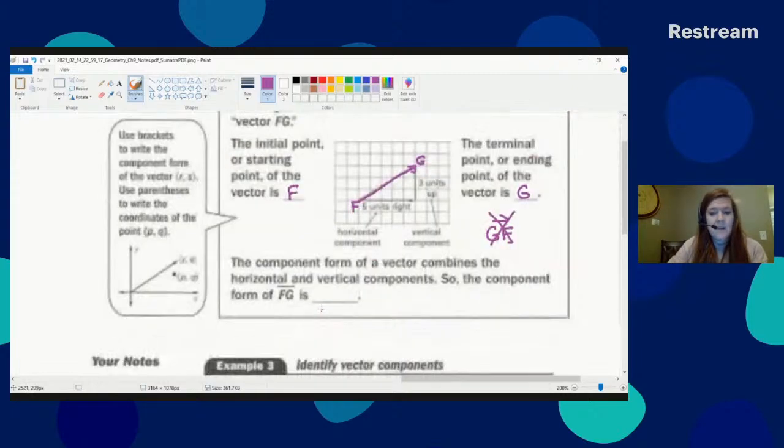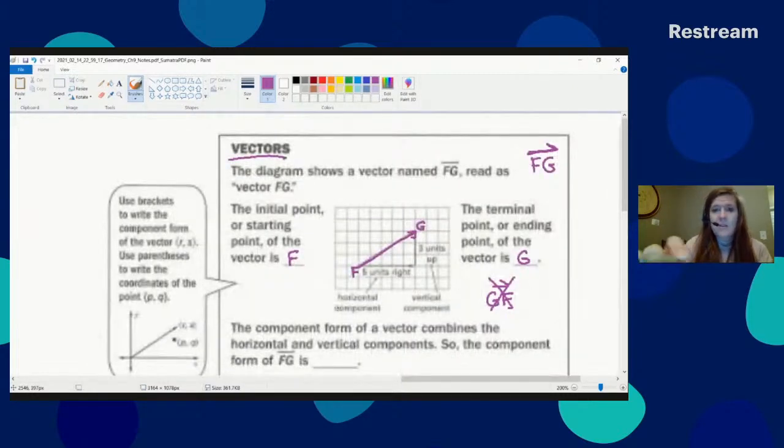Another way that we can name a vector is we can talk about the components of a vector. The components of a vector mean the x's and the y's that make up this vector. So if I look at FG, to get from F to G, I'm moving 5 units to the right. See that? I'm going 1, 2, 3, 4, 5, and I'm going 3 units up.